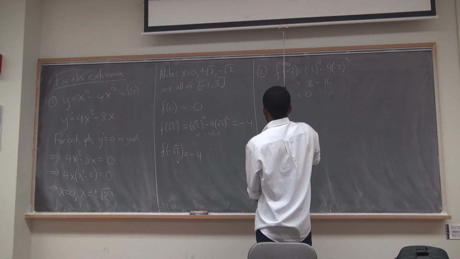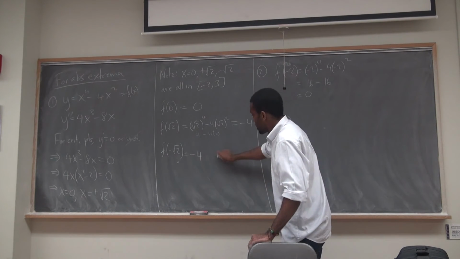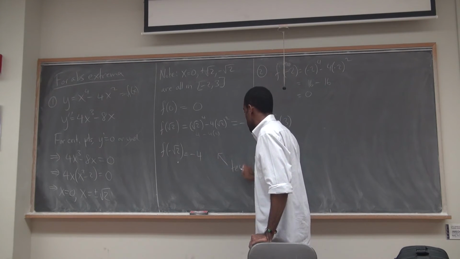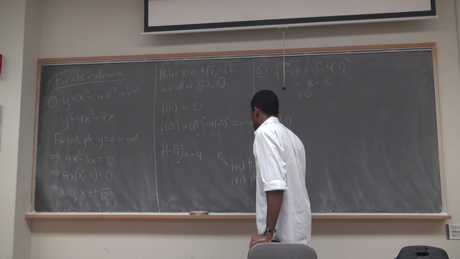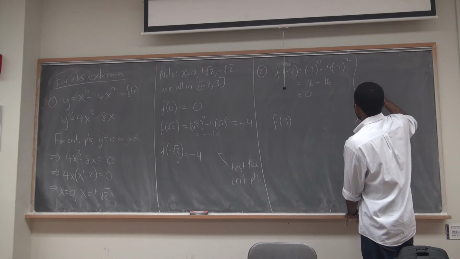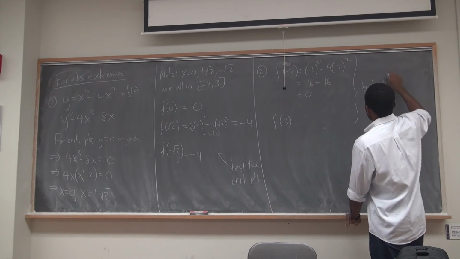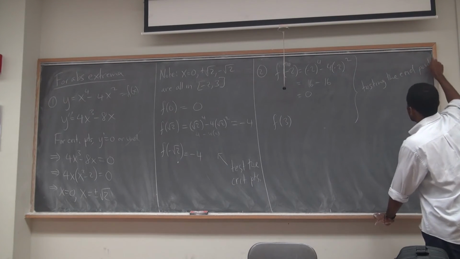And I evaluate f at 3. So here what I just did was test the critical points, and now here I'm testing the endpoints. This is the closed interval method.